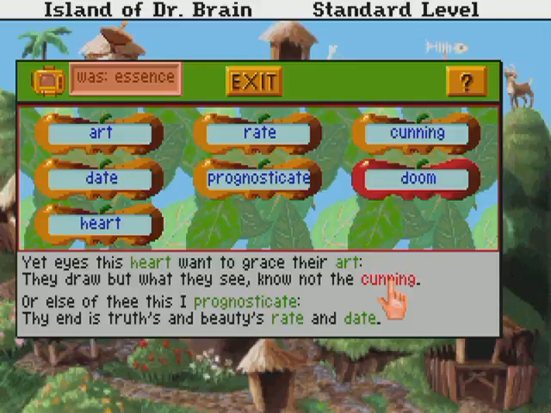I know what the word means, I just don't know what it means in this context. ESP. Why is there ESP in this book? SSS.